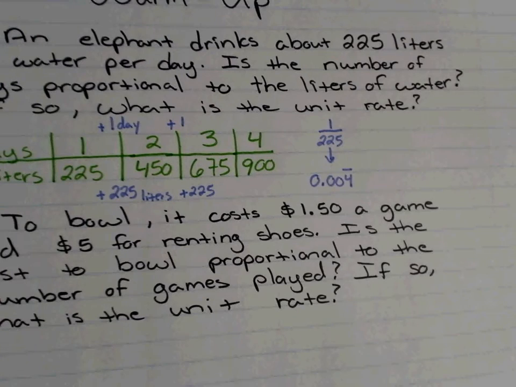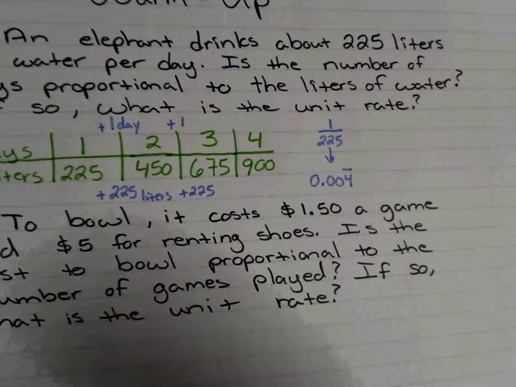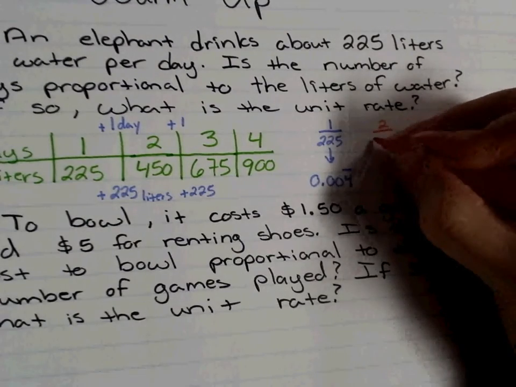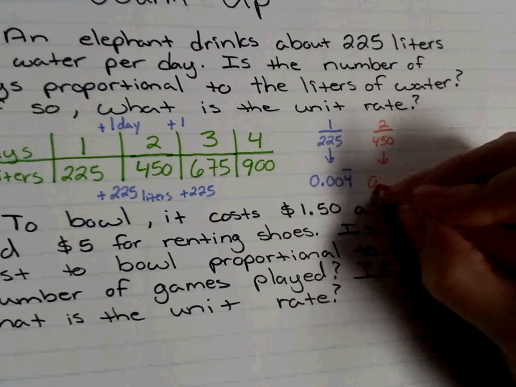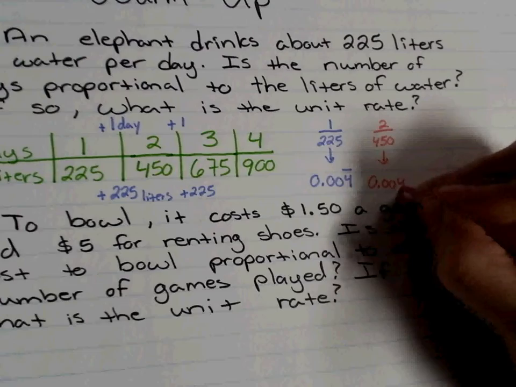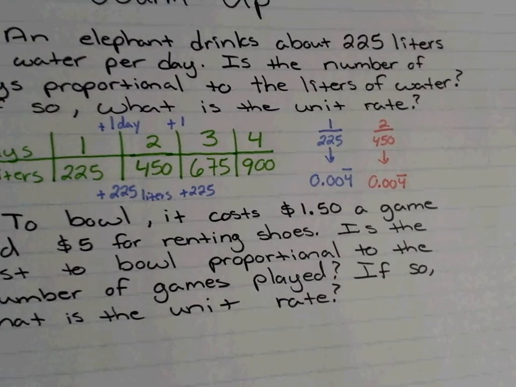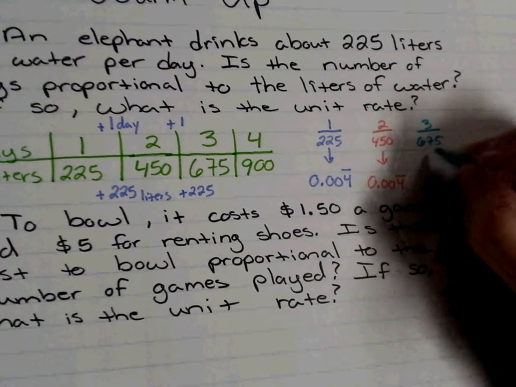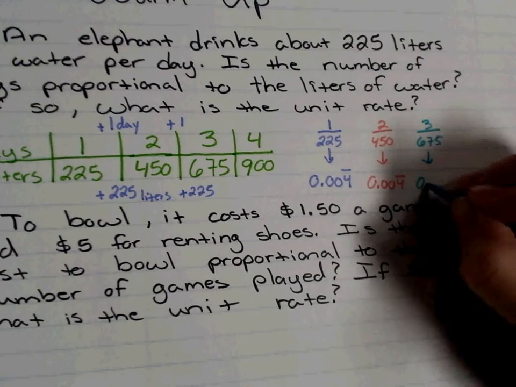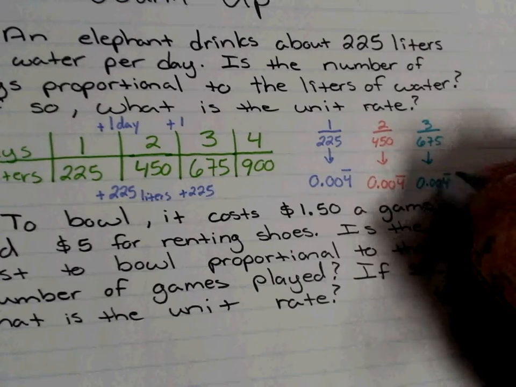If I do the next one, if I do 2 divided by 450, it's going to be 0.004 and the 4 repeats. If I do 3 over 675, then I'm going to get 0.004 and the 4 is going to repeat.